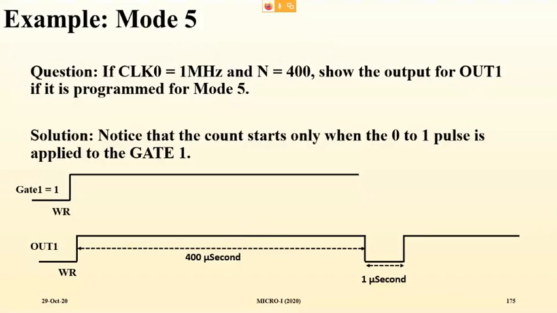So once you have these waveforms, just see the waveforms 2 or 3 times. You will understand when you should use one of these modes and what the applications are where you can use these particular modes. And remember one more thing, this is what we call a pulse here.